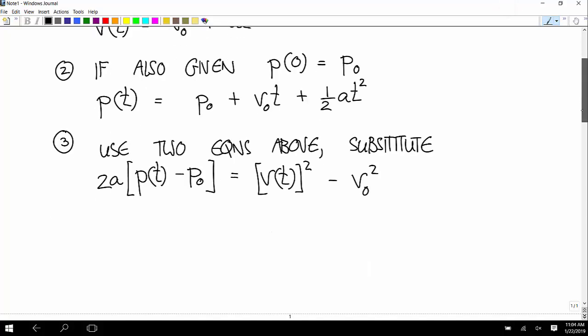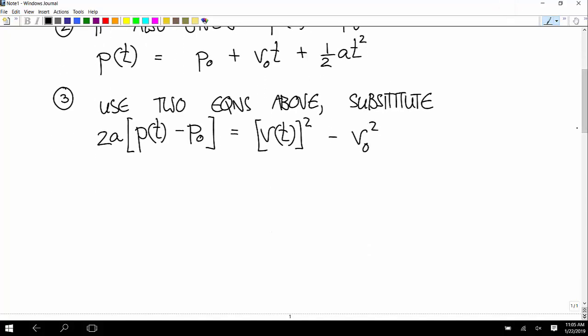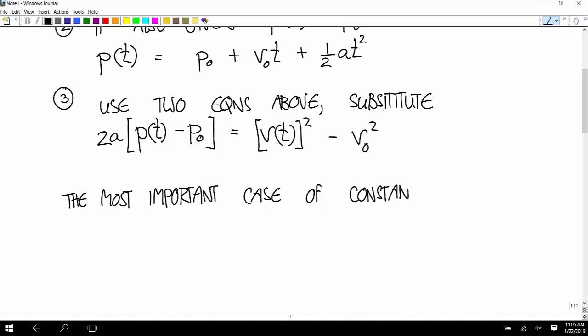Okay. What's the most important case, the case that's going to come up most often, of constant acceleration? The most important case of constant acceleration is free fall. And when I say free fall, I'm including projectile motion.